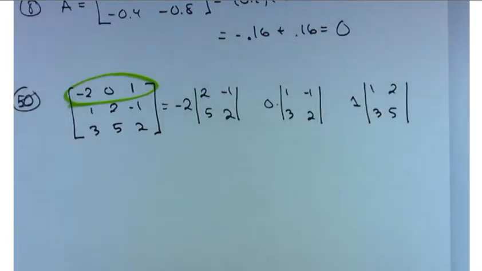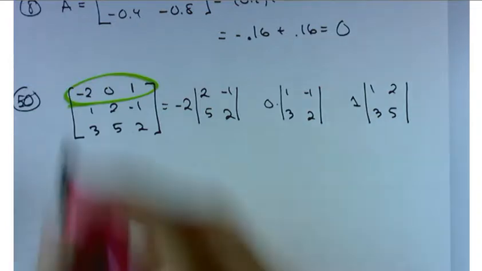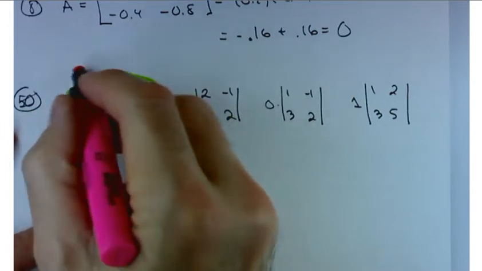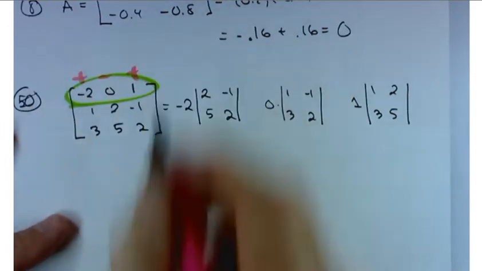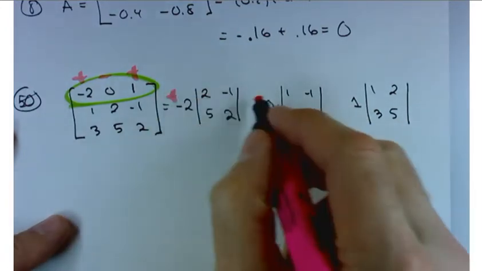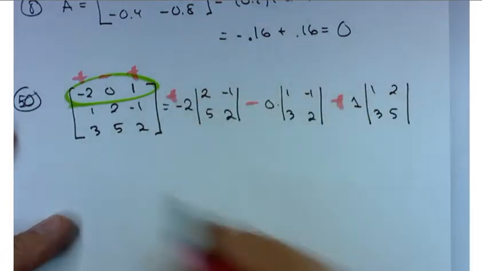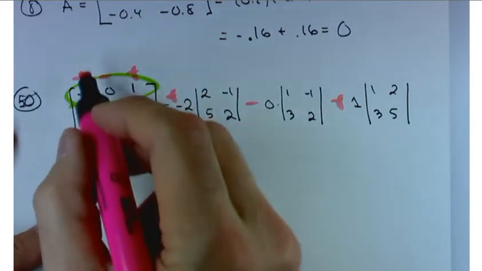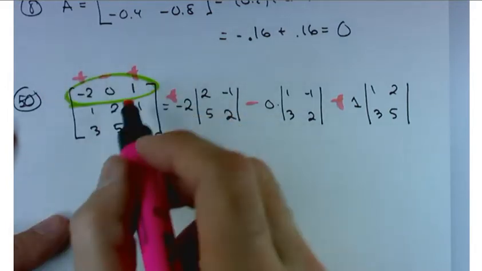There's one little thing that I haven't talked about yet, and that's how do I combine these? When you're doing this cofactor expansion, you add these things up with this kind of a pattern: plus, minus, plus. You don't have to limit yourself to just expanding on this row or this column.